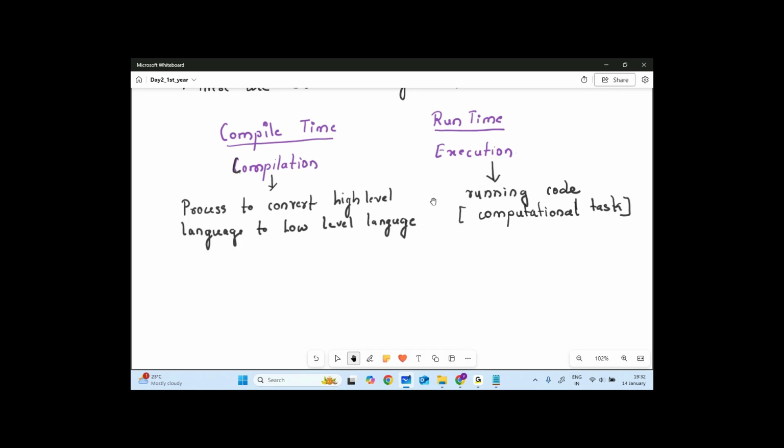That process is called execution, where you execute a program, give input, and get the output. This process is called execution. Are you getting my point?